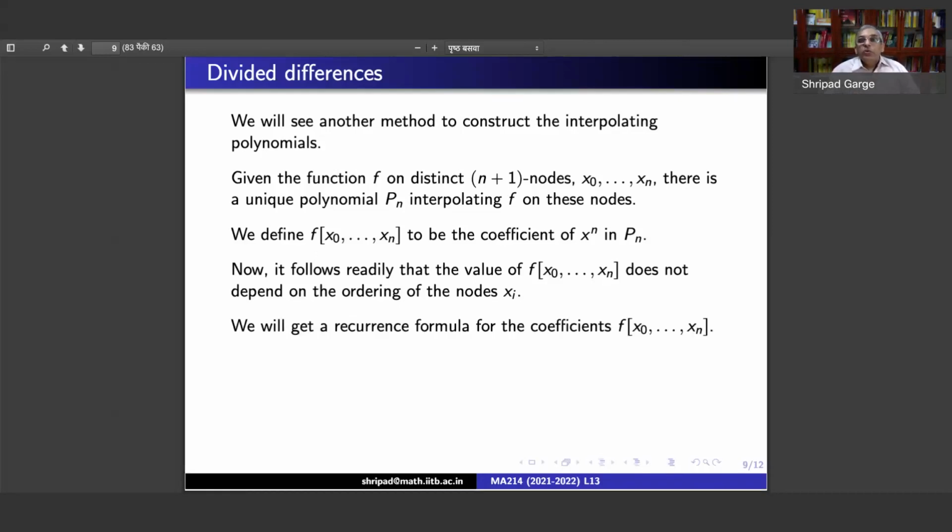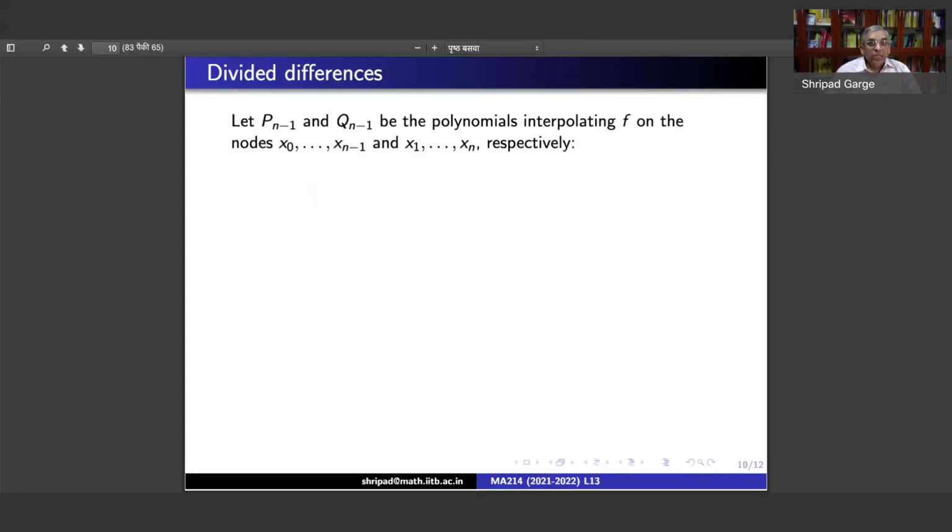And what we will now do is to get a recurrence formula for these f[x0, ..., xn]. Once again, just like we did in Neville's method, we have x0 to xn minus 1. These are n nodes, and there is a polynomial Pn minus 1 which interpolates our given function on these n nodes. Similarly, x1 to xn are n nodes, and there is a polynomial Qn minus 1 of degree less than or equal to n minus 1, interpolating f on these.